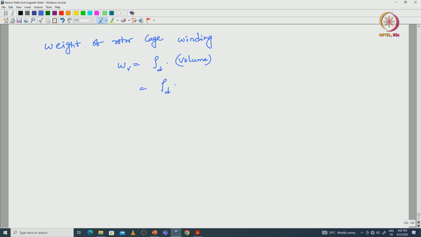Volume is equal to NR, the number of rotor bars, into the length of each bar into the area of cross section of each bar, plus 2 into the length of end rings into the area of cross section of each end ring.